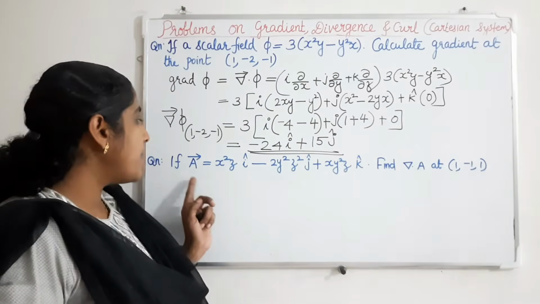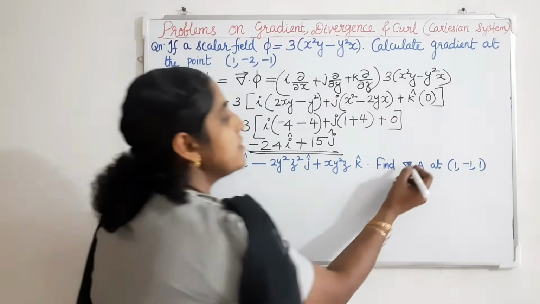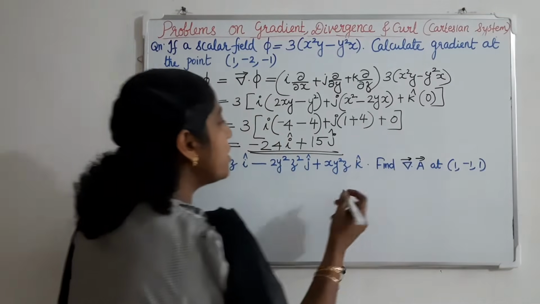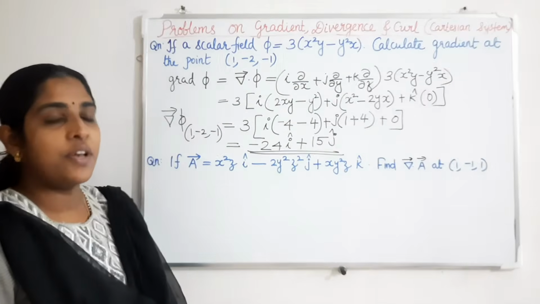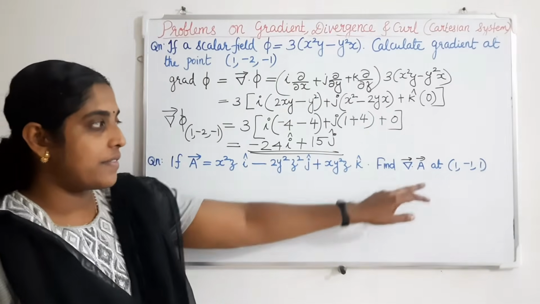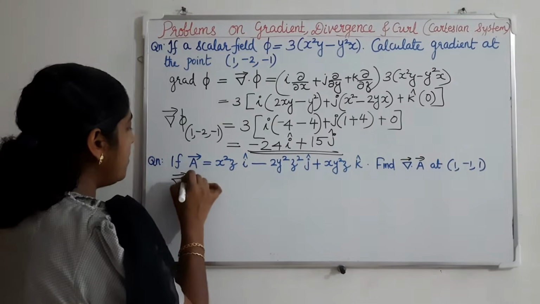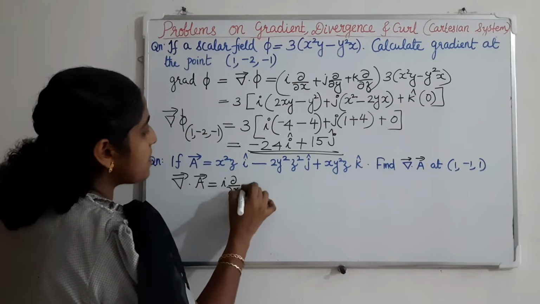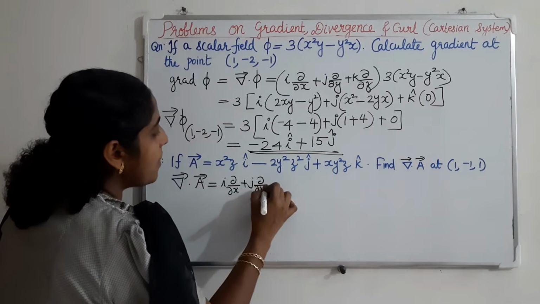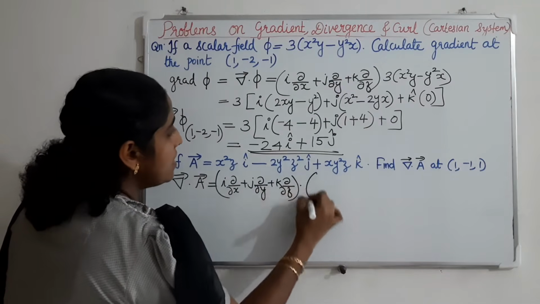Next question: if a vector A equals this, find del dot A at (1, −1, 1). Here we have to find the divergence because the given function is a vector. When del operates on a vector function by a dot product, that is known as the divergence. So what will be the divergence of the given vector? That is i ∂/∂x plus j ∂/∂y plus k ∂/∂z dot this function.